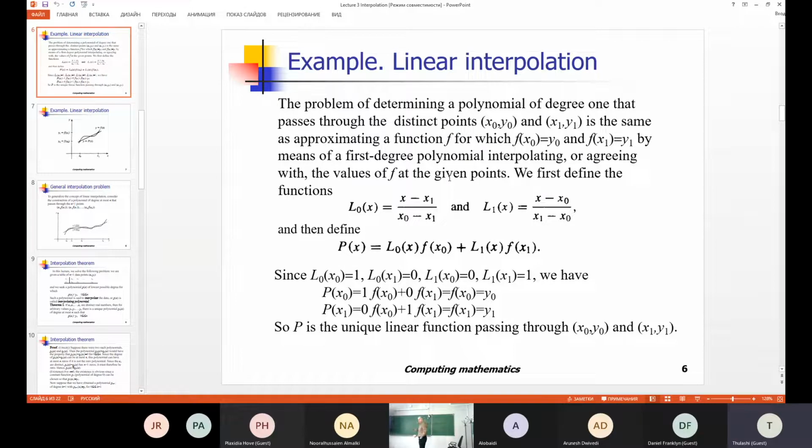I substitute these values, and after that you should simplify this formula. After simplifications, what will be the answer? x plus 1. After all simplifications, the answer will be x plus 1.